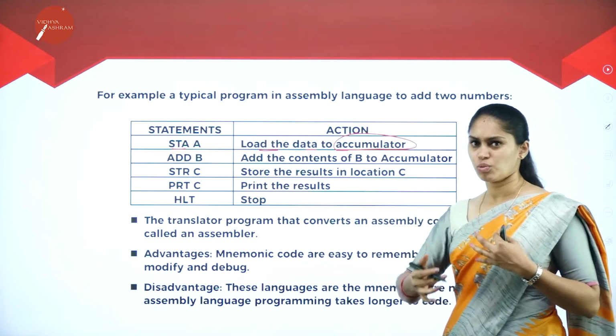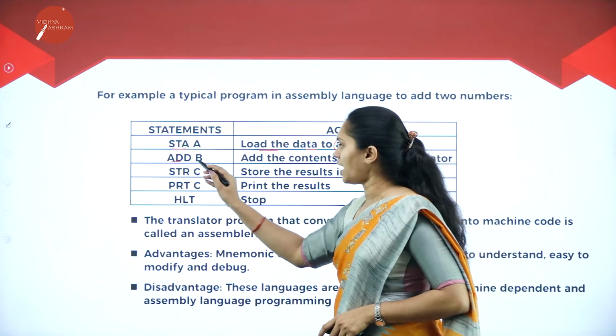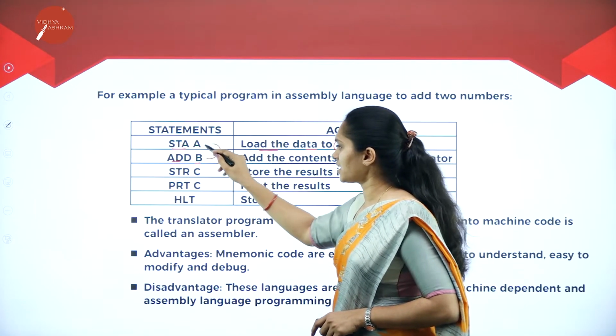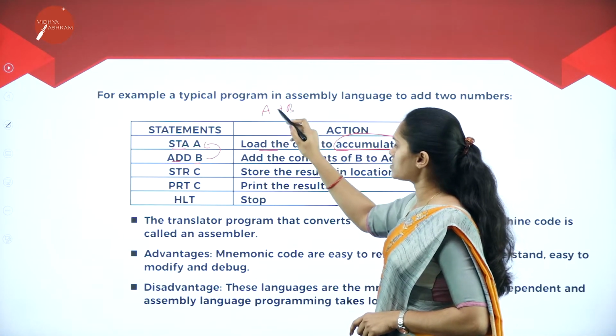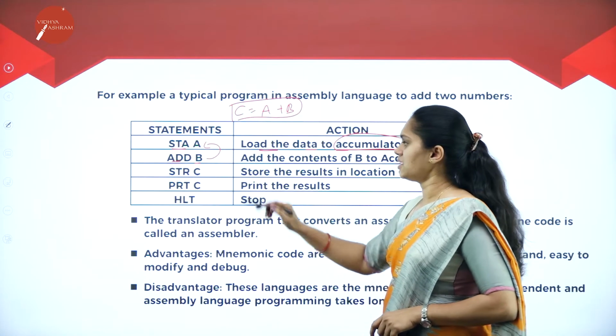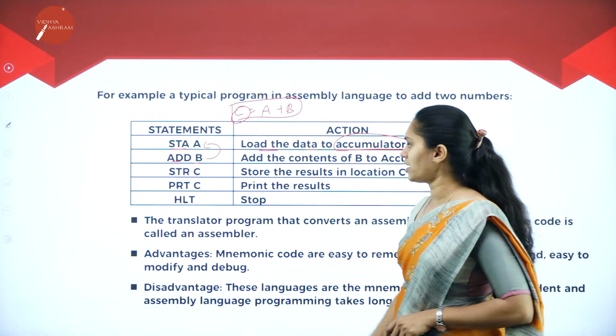First we have to load the data in order to add. After that, ADD B. I have A in the accumulator, and I add the content of B, so it becomes A plus B. Where I store it has to be C. Then I print the value of C and stop.